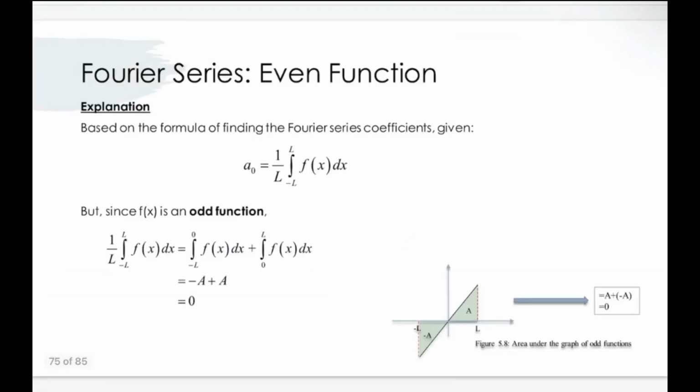So based on the formula for finding the Fourier series coefficients, given that a_0 is 1 over L from negative L to L, because a_n equals 0 and a_0 equals 0, we don't need to find a_0 and a_n because both are equal to 0.